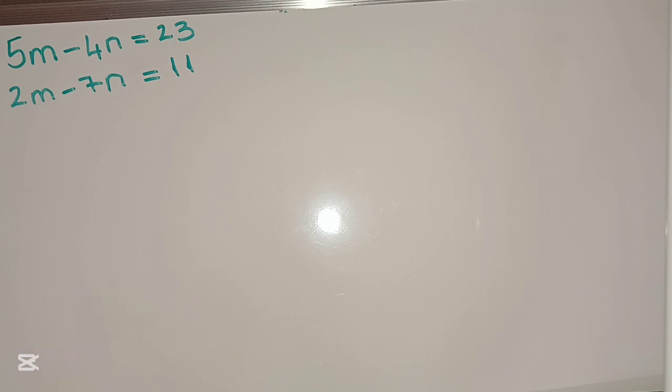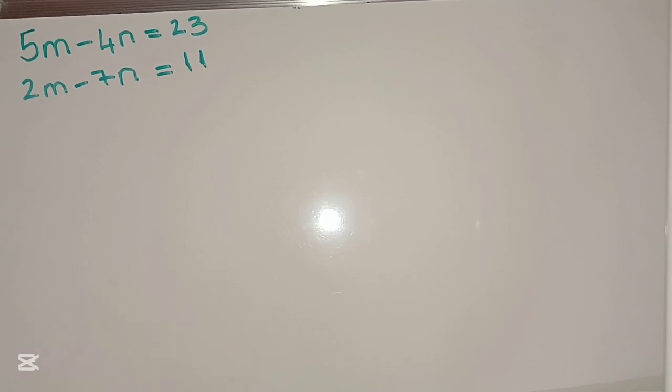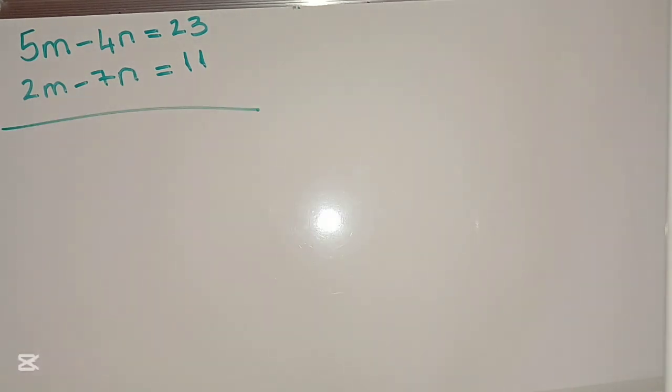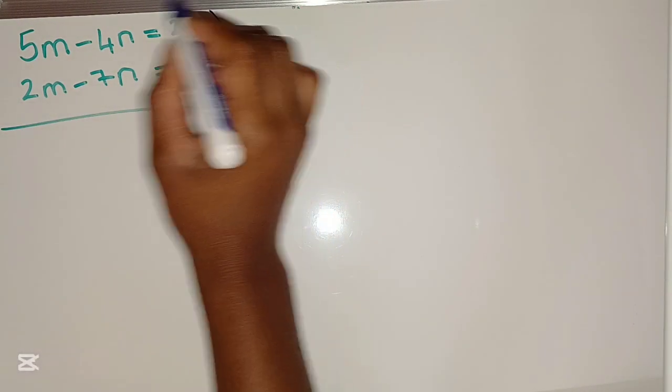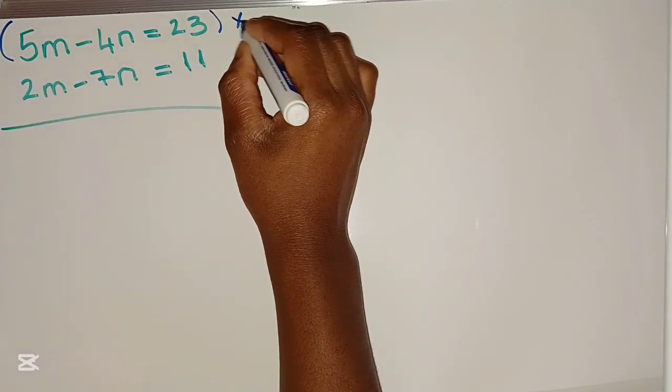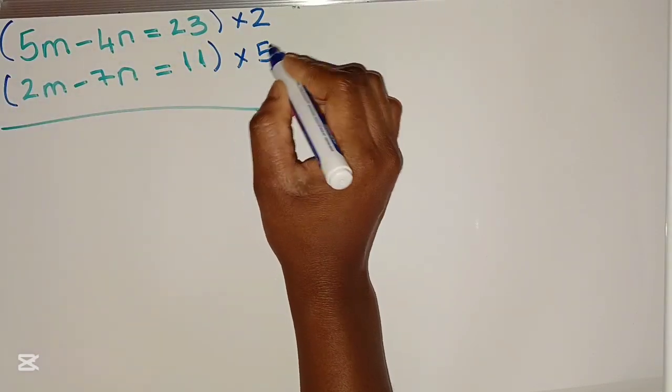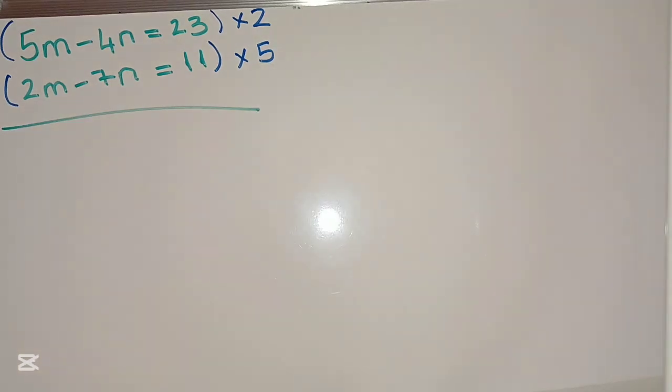All right. So my aim is to eliminate variable m. So I'll do this by finding the LCM of 5 and 2, which is 10. So what I will do is I will times my first equation by 2 and I'll times my second equation by 5, just so that my coefficients of m are the same.